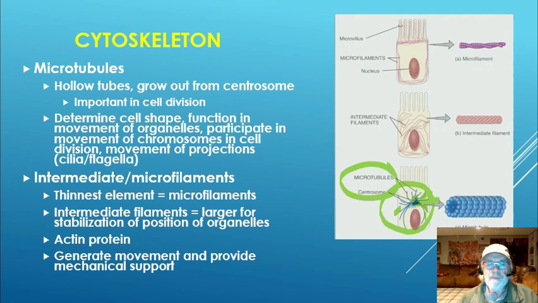We have intermediate filaments, and these are very thin, small filaments. Basically they're mostly for stabilization of the position of the organelles, like a lattice work on which things sit, and they're basically a protein themselves. They could also generate movement and provide some mechanical support to things. Of all the organelles in the cell, they're probably one of the least interesting, sort of, even though they do have a function in regards to structure as well as organizing things inside the cell.